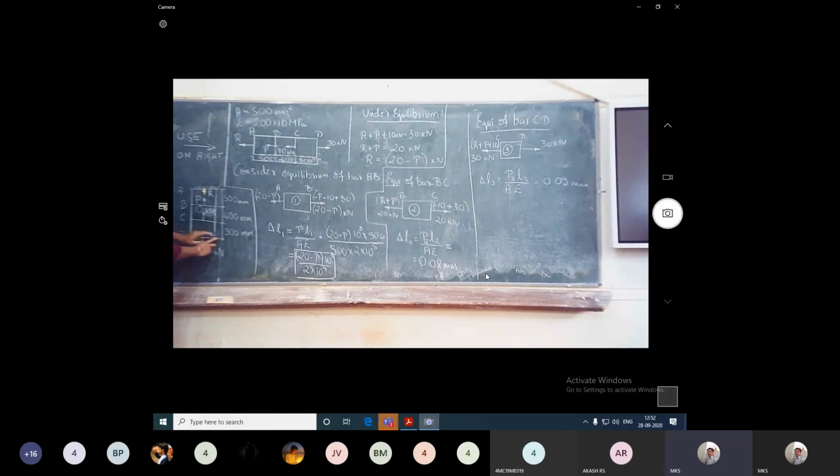The lower end should not move downwards from this position. So it can vary internally, but it is not going to move downwards. So the total elongation of the bar is how much?